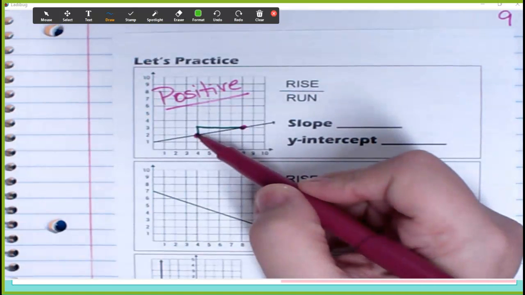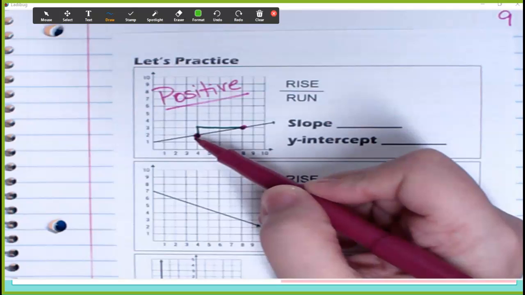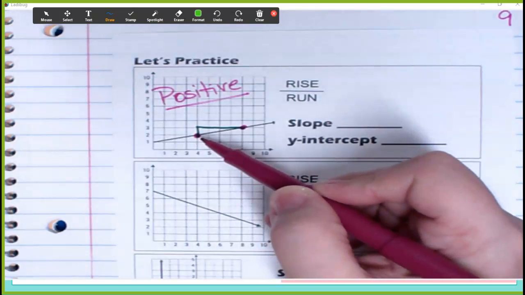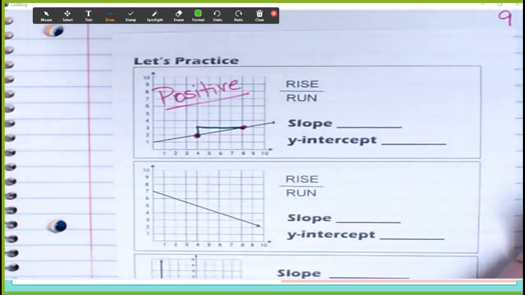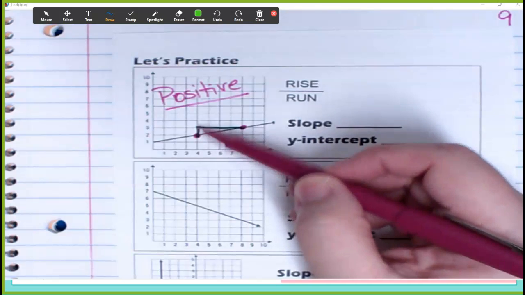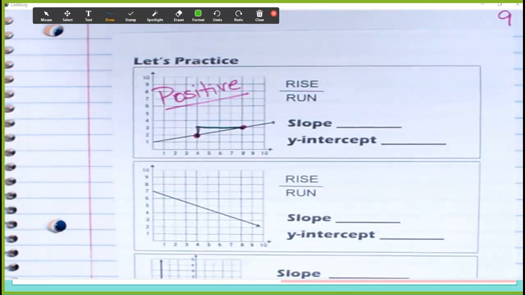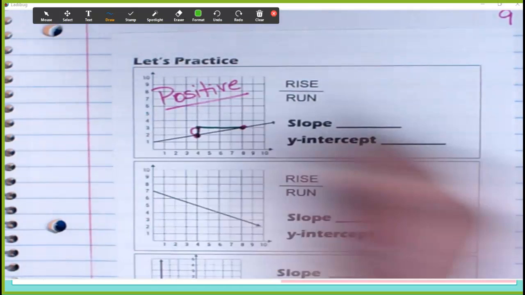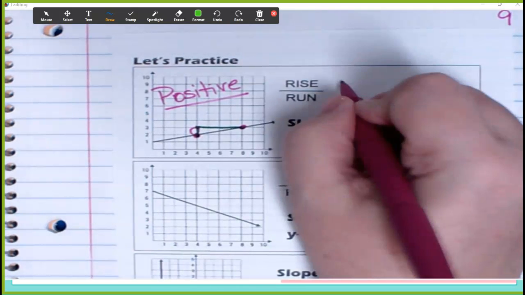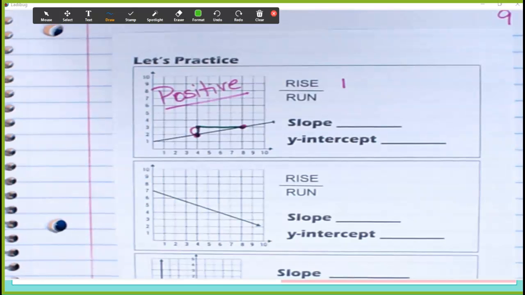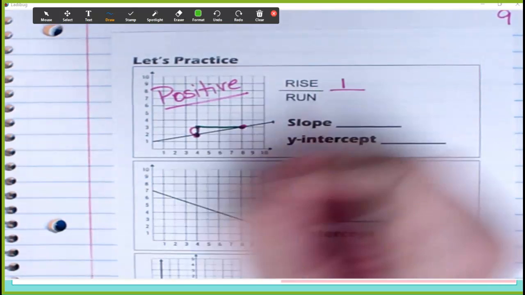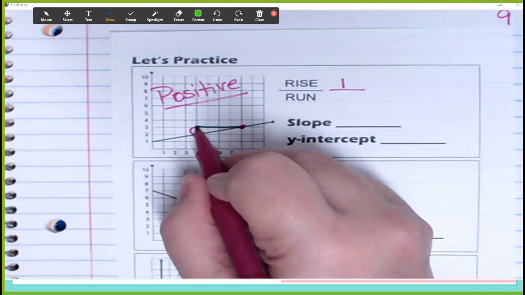So if I start, I think it's easiest to start at the lower point. Because when I look at this, the change in vertical, how far did we rise up? From here to here, how far did we rise up? 1. I rose up 1. Now I have to run to get over to the next point.